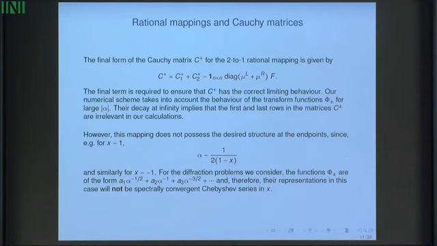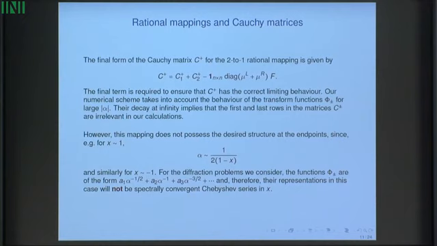So I should say that, let's say near one of the endpoints, near x equals 1, the mapping has this form here. Similarly for x being near minus 1.